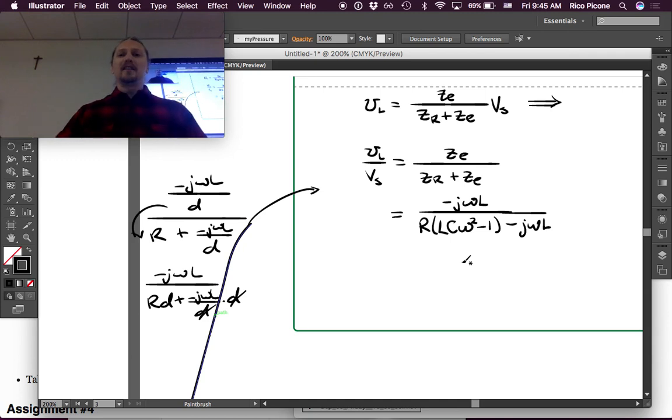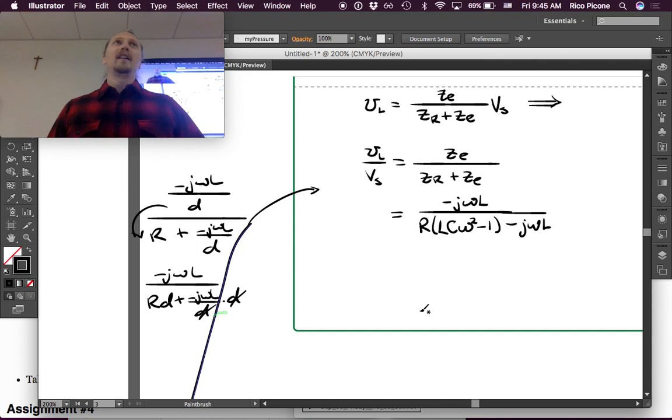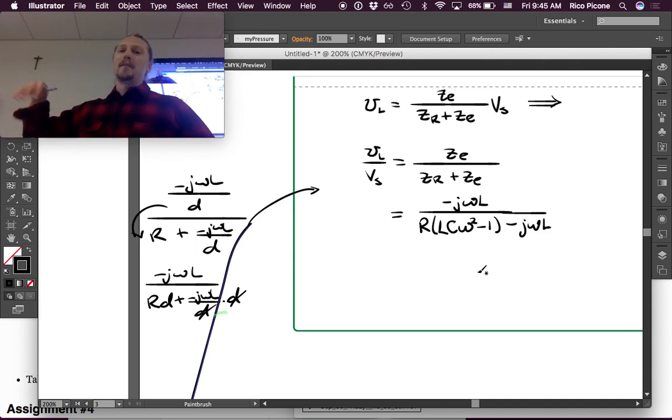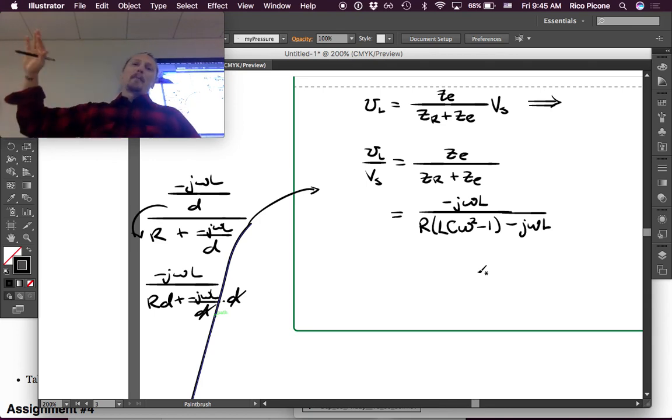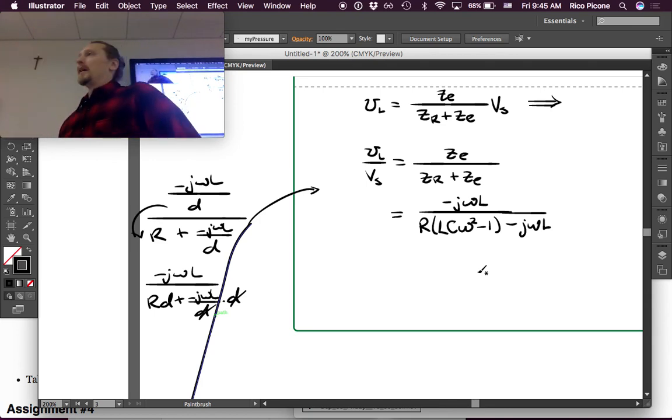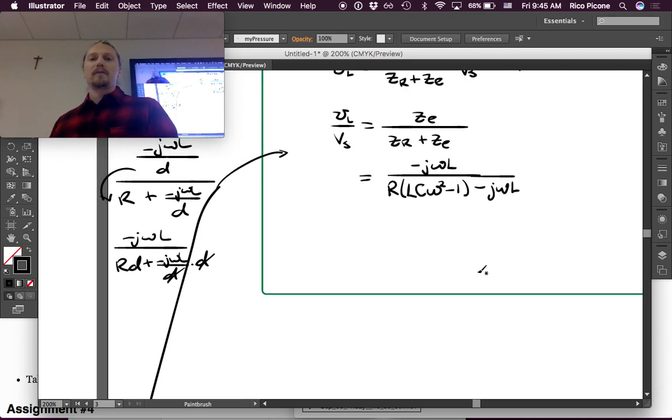In rectangular form we could just multiply by the complex conjugate of the denominator divided by the complex conjugate of the denominator. That will rationalize this complex fraction and give us only a complex number in the numerator. There's that way, or let's do it the phasor way. I think the phasor way is actually easier in this case. I think it's usually easier.